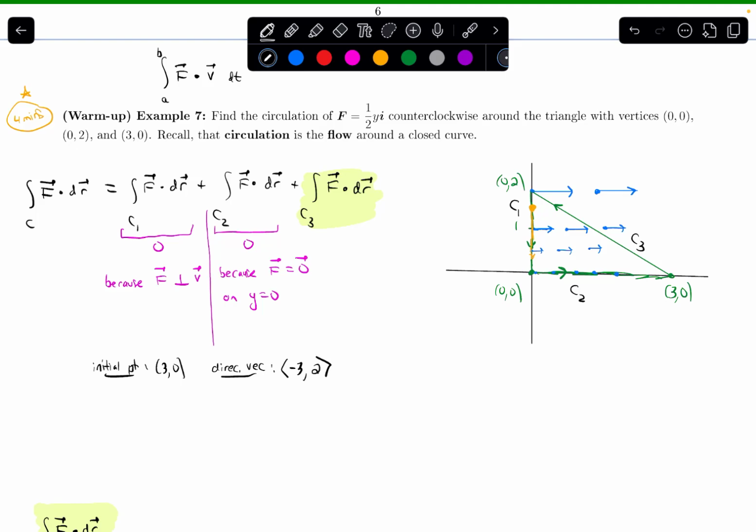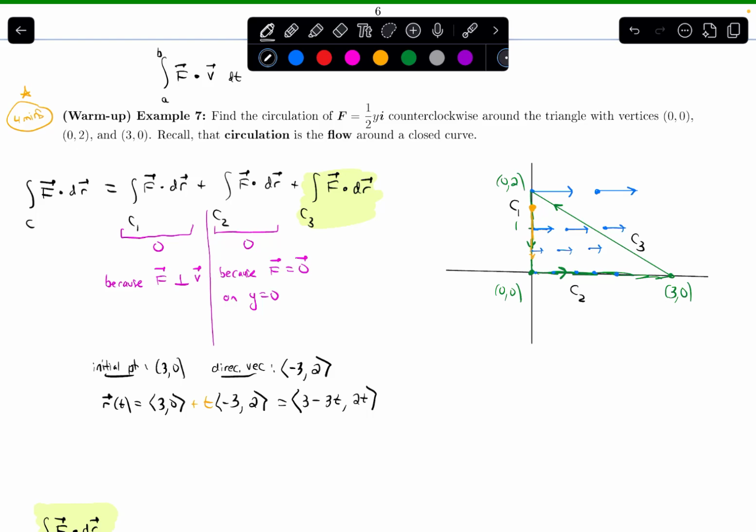And then for my parameterization along that segment, I'll call that r of t. You take the initial point, but you turn it into a vector, so 3, 0, and then you add to that t times our direction vector, -3, 2. And if we combine these, this becomes 3 minus 3t, 2t.